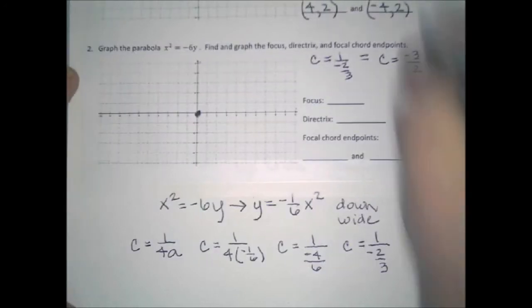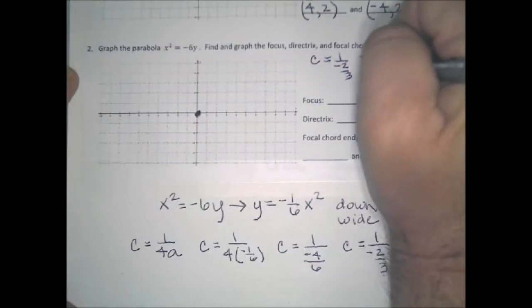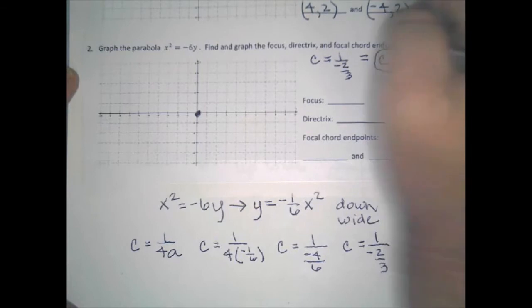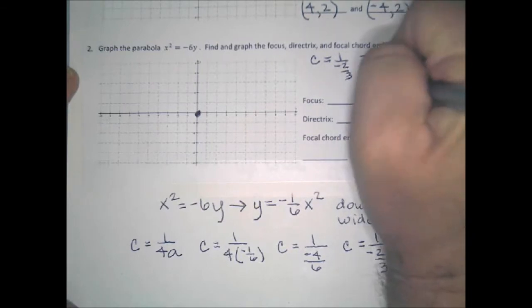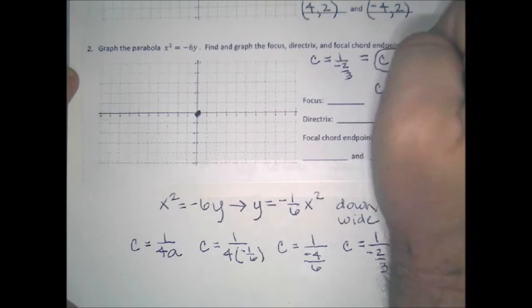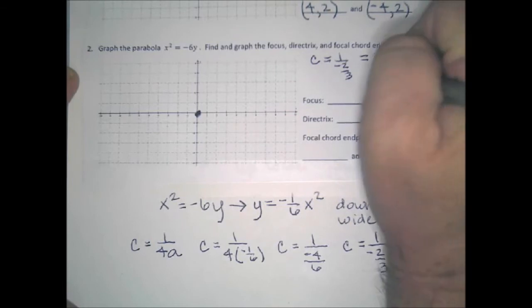So that's my value of C. Now you might want to think of that more in terms of a decimal. So that means C equals negative 1 1/2.